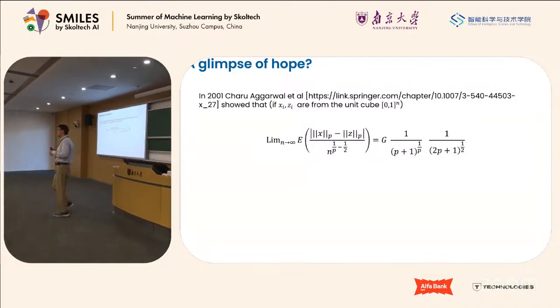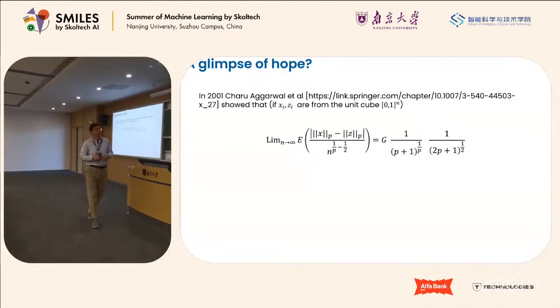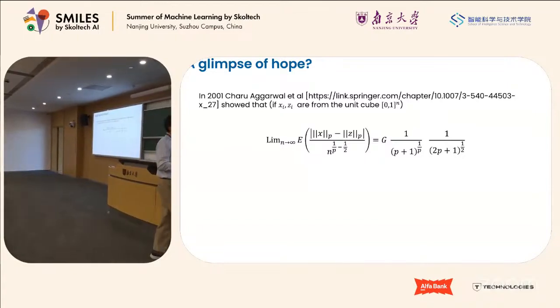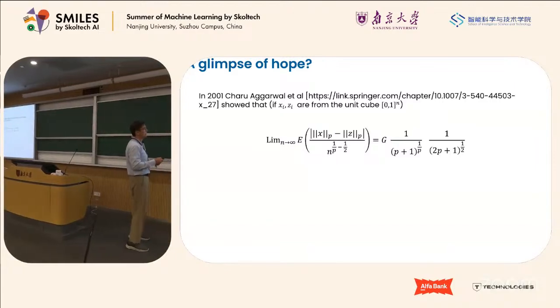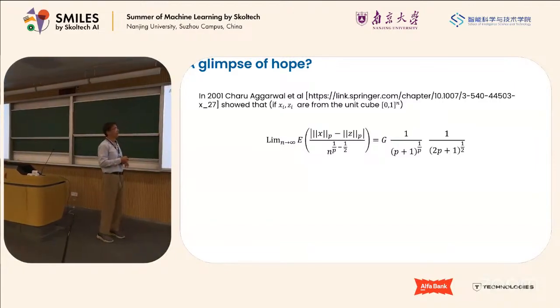And then Charu Aggarwal said, wait a bit. If you take two random vectors from, let's say, an n-cube, one is x and one is z, compute the distances, take the absolute value of this and divide by a normalizing coefficient. Then when you take n to the limit to infinity, the expectation of this thing is going to be equal to g, where g is a universal constant.